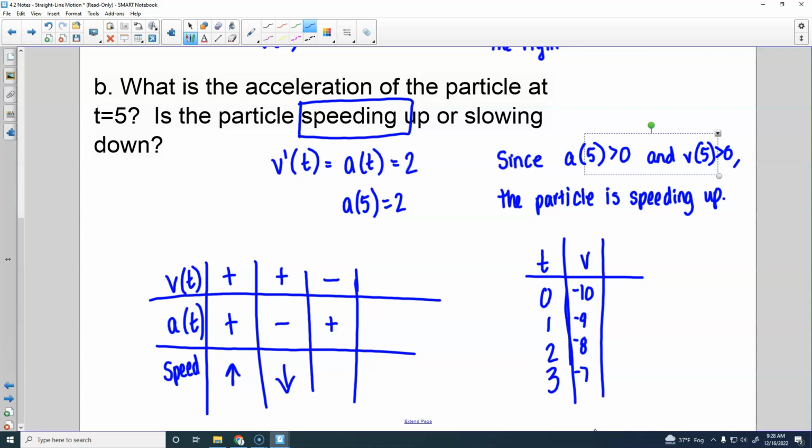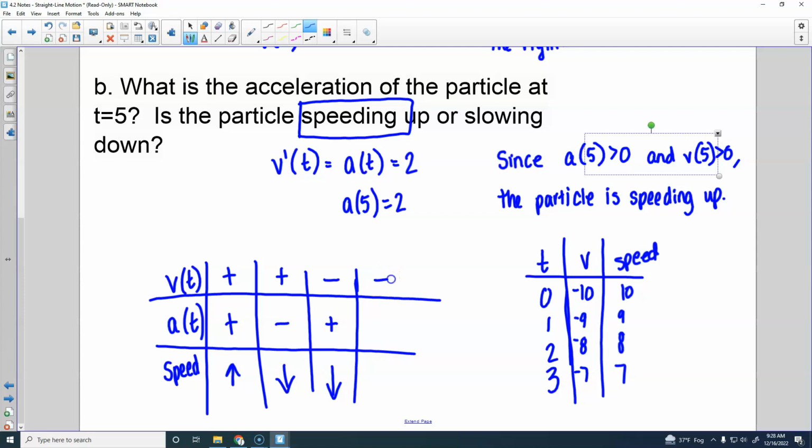So, if you take away all those negatives, if we think about speed, your speed is 10, 9, 8, 7. Alright? So, if you have negative velocity, but positive acceleration, it's like you're going backwards, but your speed is actually slowing down. So, this is going to be that you're slowing down. Your speed is decreasing.